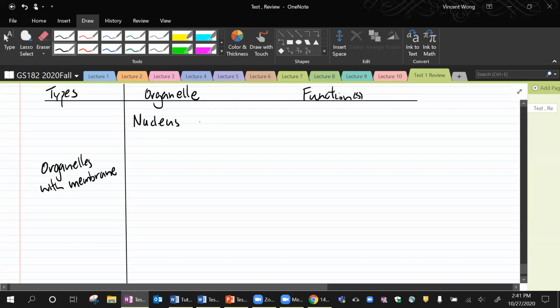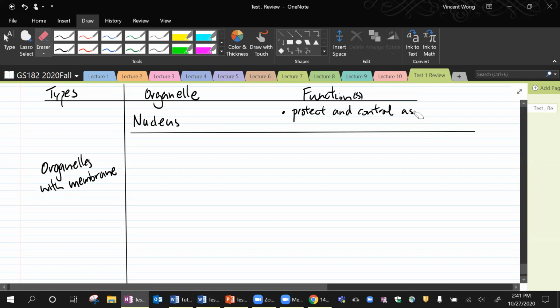The nucleus has membrane, and the function of the nucleus would be to protect, and we can say control access to DNA. I am purposely using slightly different wordings than what we already did in the study guide, so you will have a different perspective, I guess.